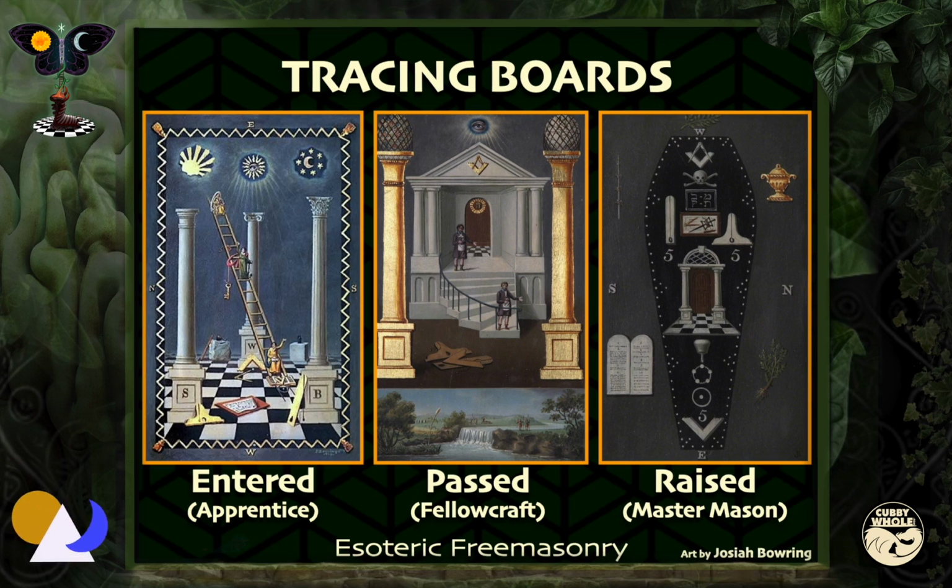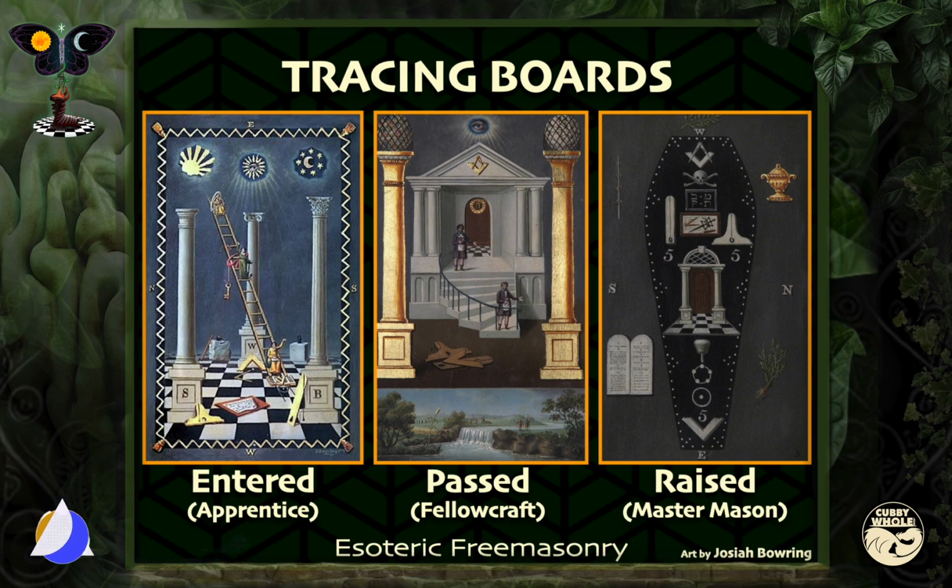And these are what's called tracing boards, or you can also call them trestle boards. The trestle is more of the archetype, and then the tracing is about the action of tracing out your soul. Okay, but they're also called lodge boards too, the spiritual lodge, of course.